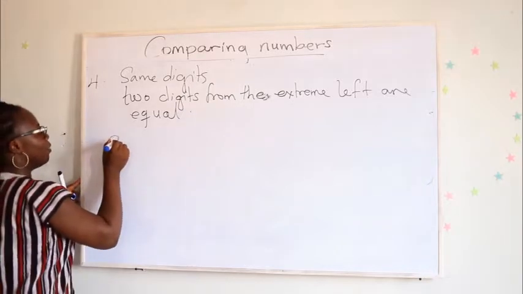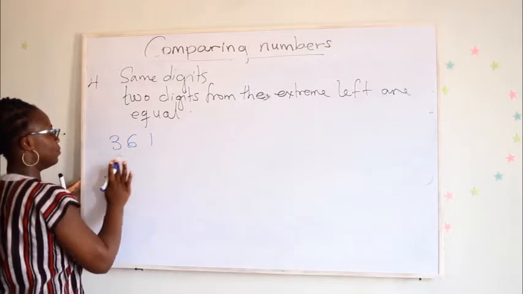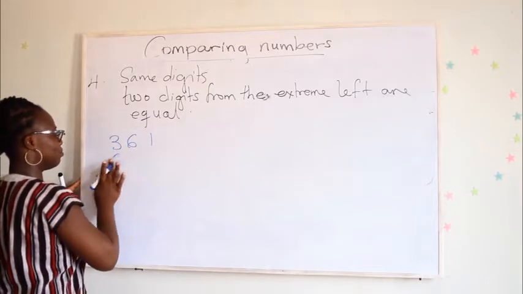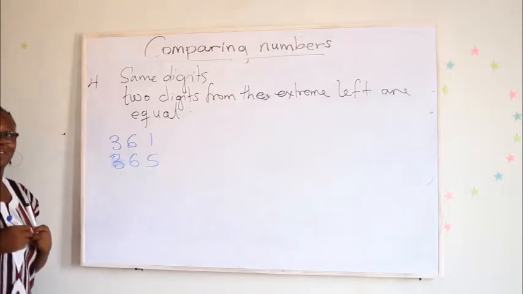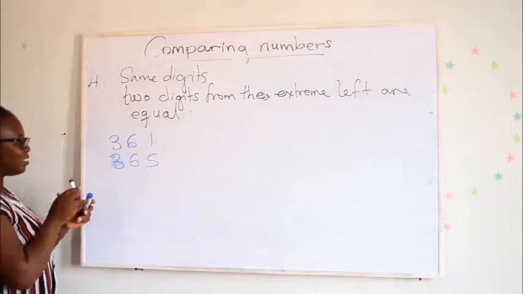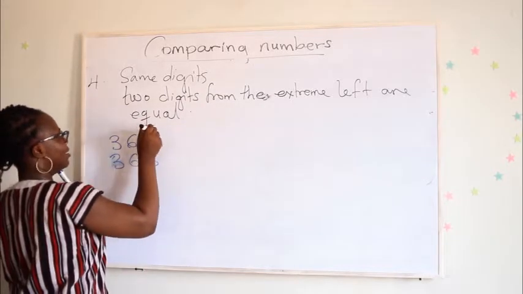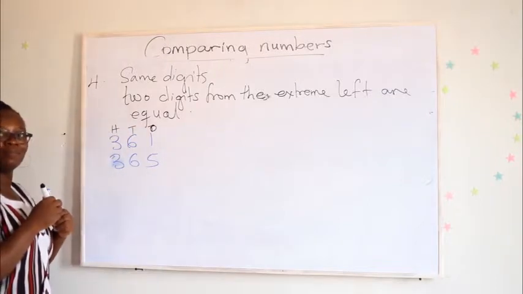So I have 361, 365. Okay. So if we're placing it in the place value chart, you realize that this is what? Our ones, tens, and what? 100. Okay.